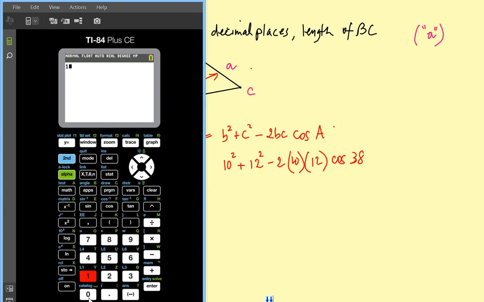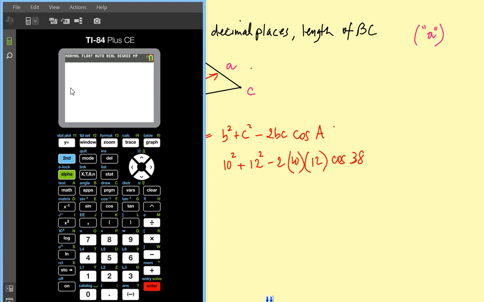So I would do 10 squared plus 12 squared minus 2 times 10 times 12 times the cosine of 38, and then close the bracket and press enter.